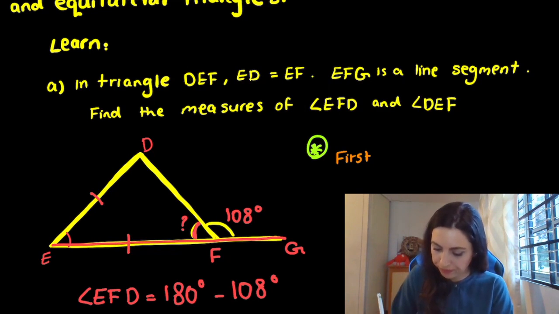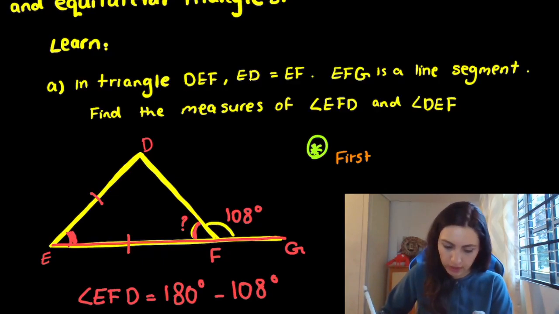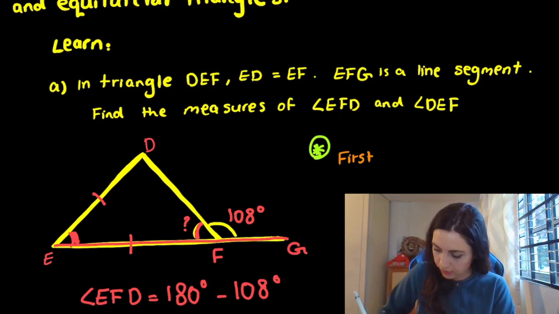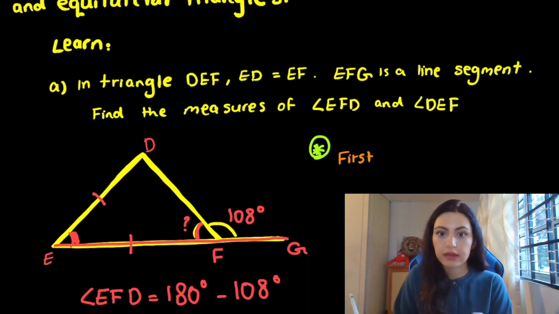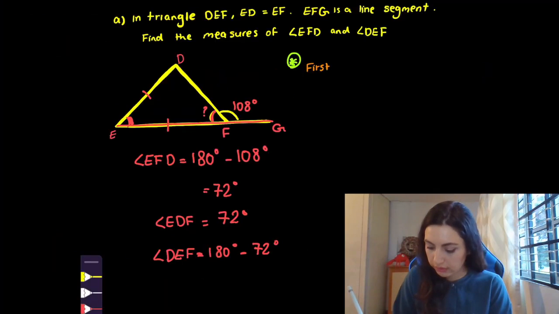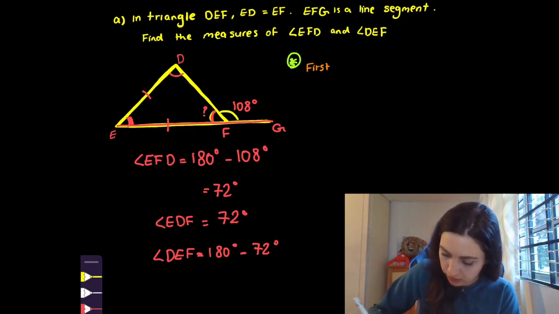You have to do 180 degrees minus 72. So I'm going to put in the 72 degrees so you can see which one that was. So EDF, which is this one, is 72.